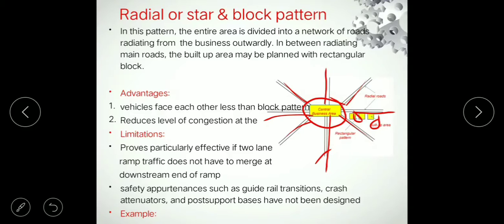This does not have to merge at a downstream end of the ramp. Safety appurtenances such as guide rail transitions, crash attenuators and post support bases have not been designed. Example may be the Chandigarh road pattern.